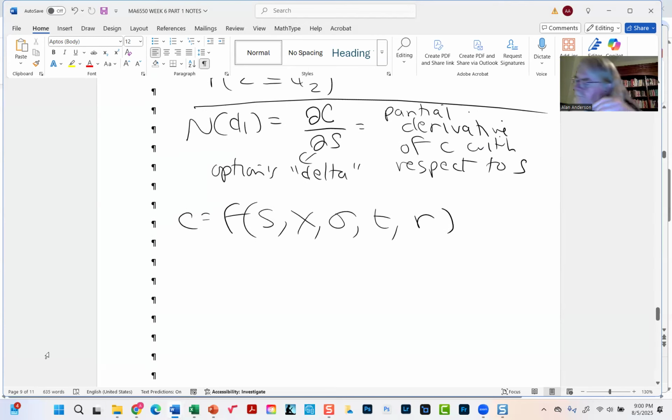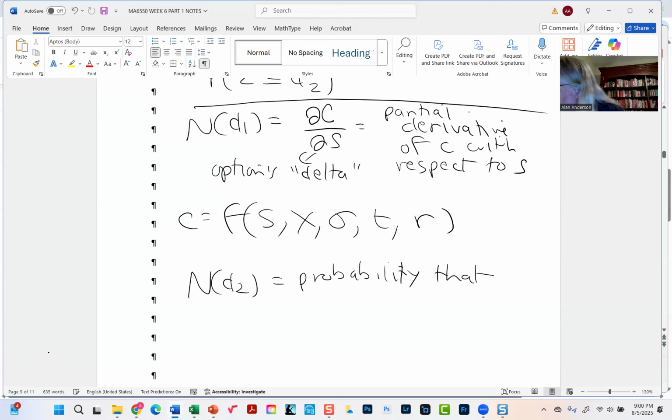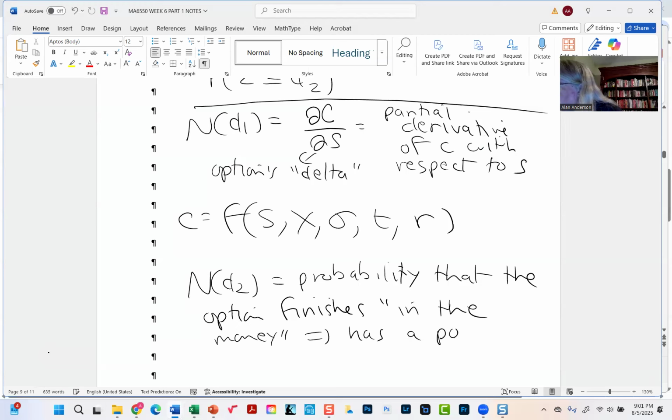Then N(D2) is, you can think of it as the probability that the option finishes in the money, which is the terminology we see in the options markets, or think of it as a positive payoff.